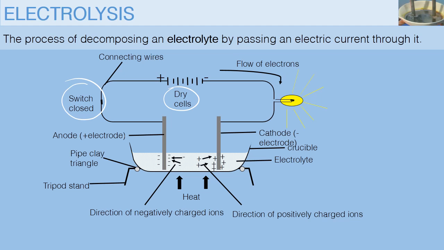When the electrons move in one direction, the electrolyte will have some changes, which we call decomposition of the electrolyte.